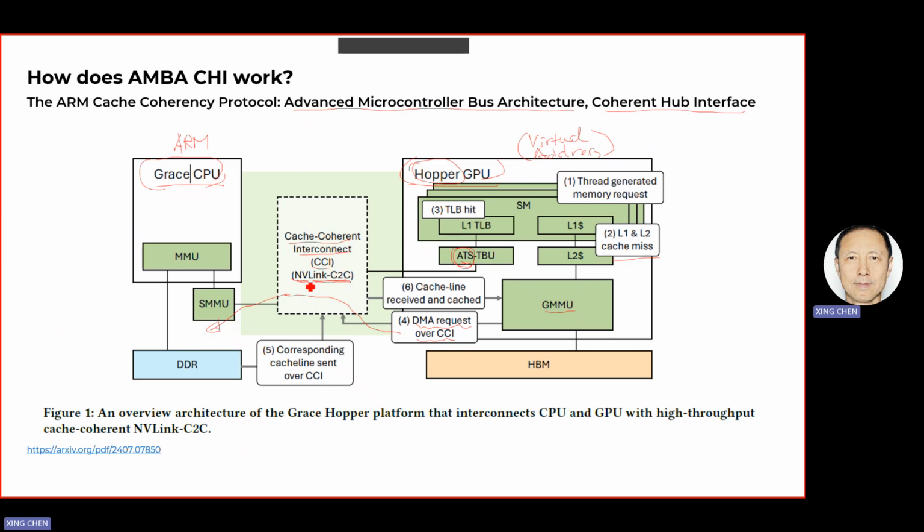Okay, and then the CPU is going to receive this request and find out this cache line. Oh, okay, the GPU is asking for this cache line. I know where this cache line is.